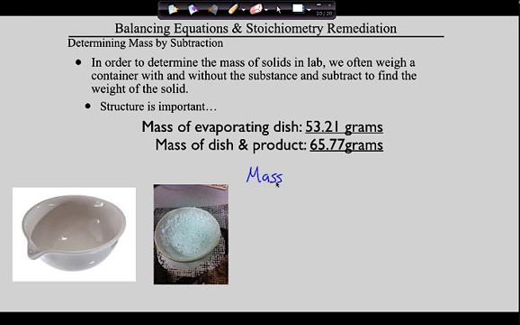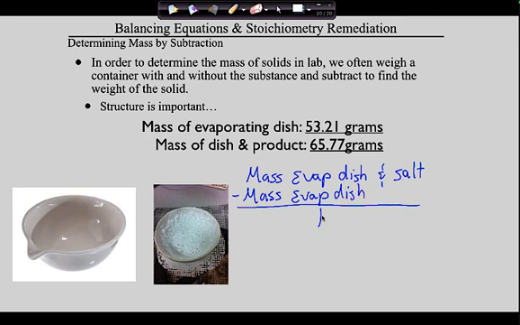We're going to take the mass of the evaporating dish and the product, in this case the salt, and from that we are going to subtract the mass of the evaporating dish. And when we do that subtraction, that will of course result in the mass of the salt. So in writing this out, our reader now understands this is the math that we're going to be doing.